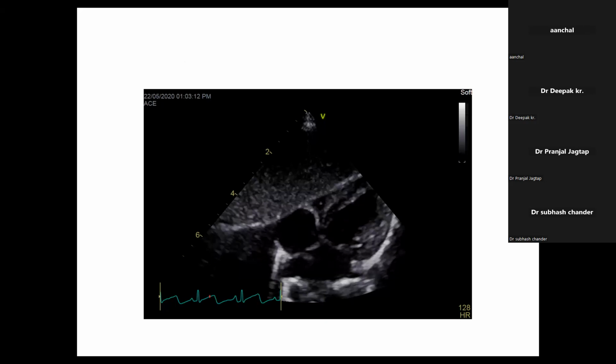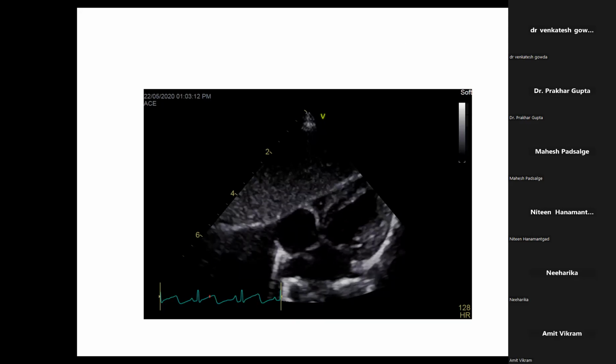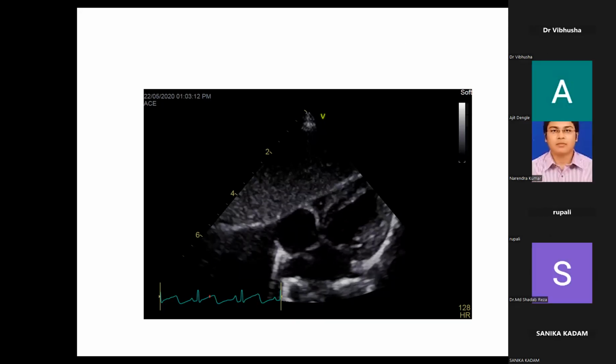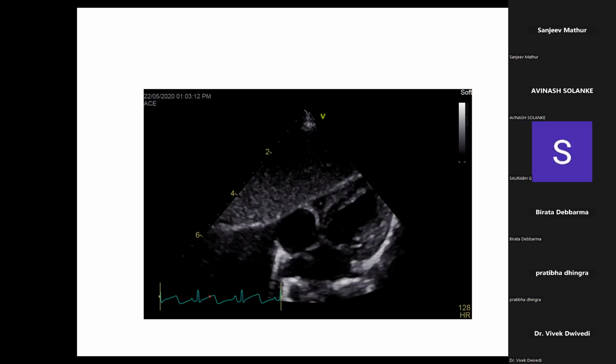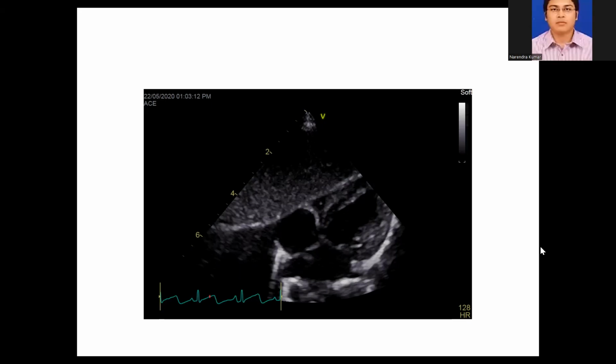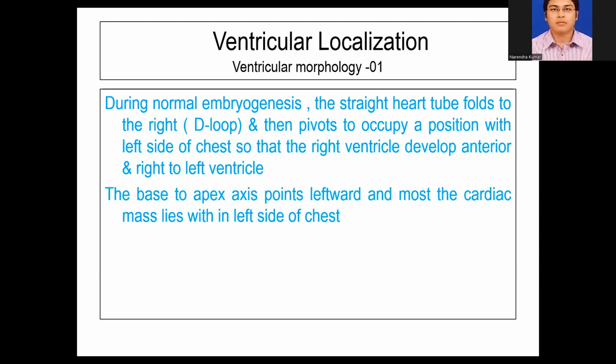Okay. This is the slide. I was trying to show you my slide, basically myself as a slide.